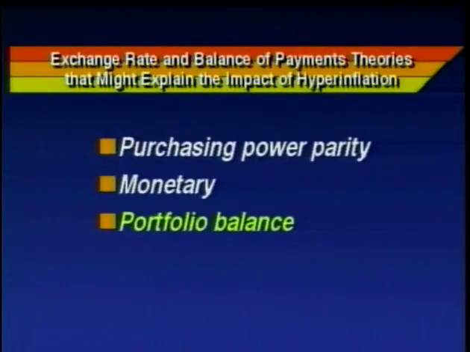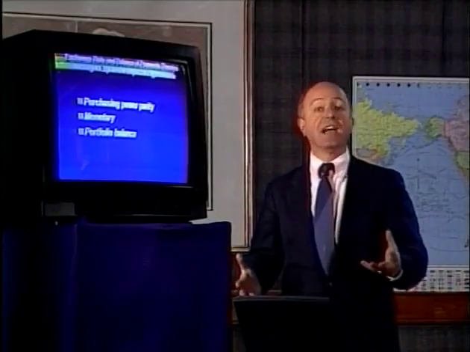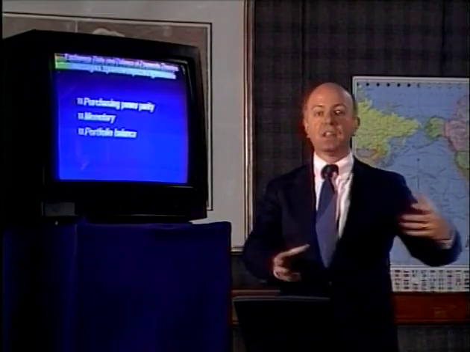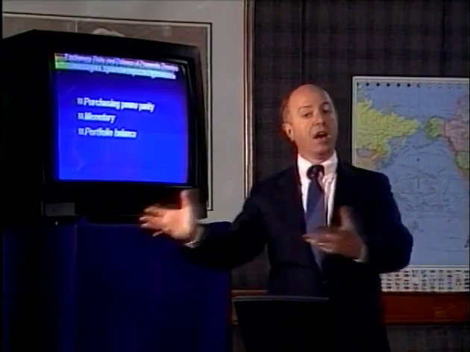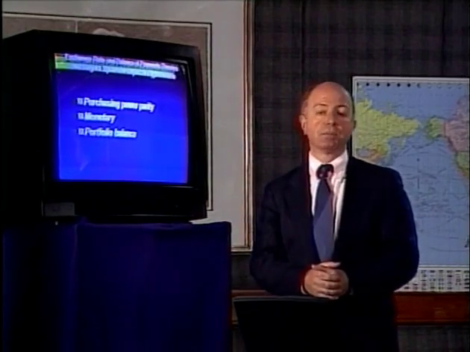And finally, the portfolio balance approach also sheds some light here, because what it tells us is that in this kind of an environment, when the value of assets is declining dramatically in a country like Bolivia, portfolio managers are going to run away from that country as fast as they can. And so, again, the portfolio shift occurred very quickly and dramatically away from Bolivia to other countries where the price level was more stable.